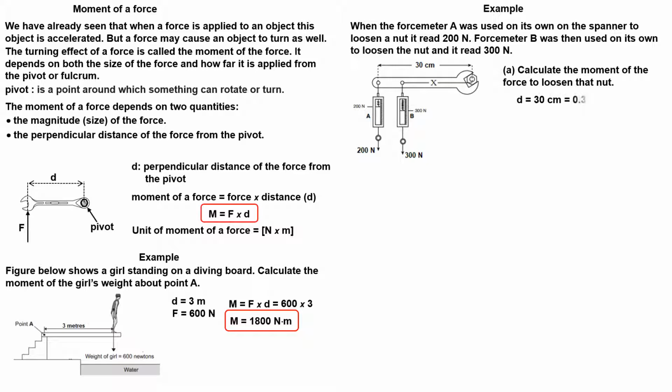The perpendicular distance of the force from the pivot is 0.3 meters. The force is 200 newtons. Take the formula and substitute the values. The moment of the force to loosen that nut is 60 newton meters.